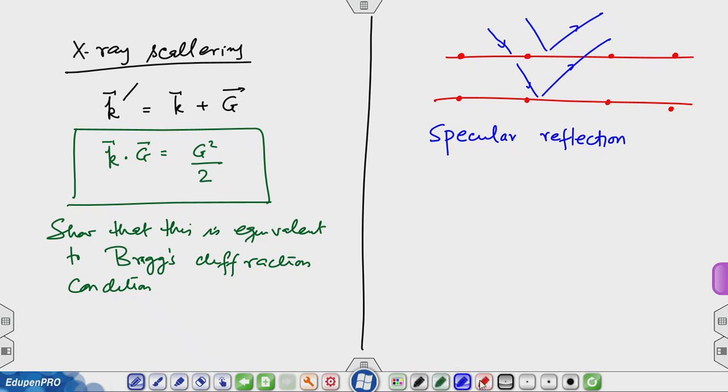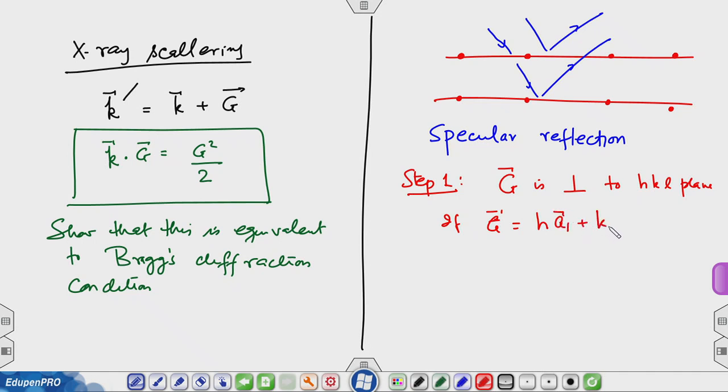For this I take two steps. Step 1 is that the G vector is perpendicular to the HKL plane if G is equal to H A1 plus K B1 plus L C1. And remember that H, K, L are integers.